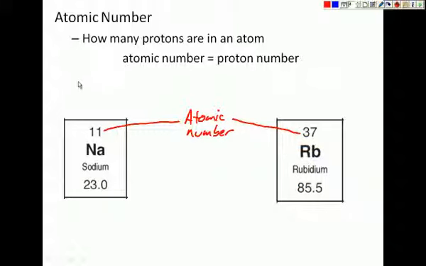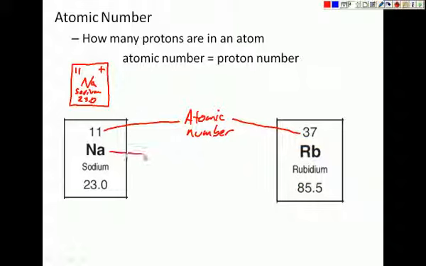Sometimes on different periodic tables it could look something like this. Again, this would be the atomic number, or the number of protons. Okay, this positive, or this plus sign, we'll get to that later.